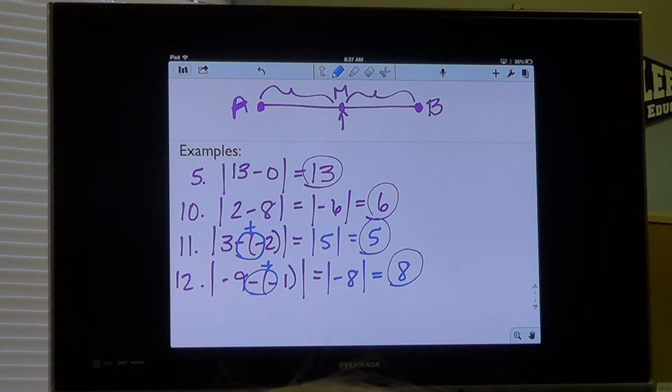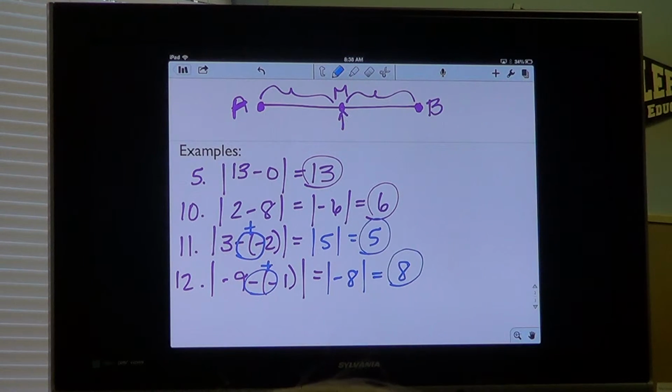Number 24, the length of segment LF. Okay. 6, good. Number 25, 2 points, 3 units from point G. Sarah? D and J. Good.